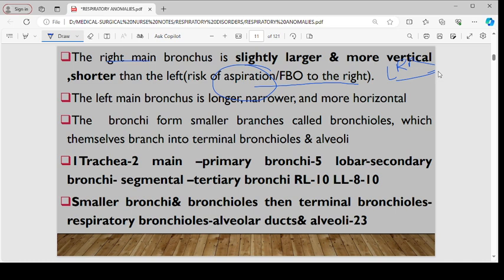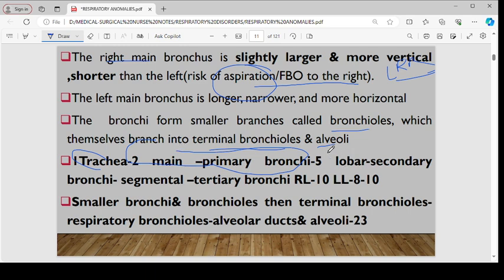So the bronchi form small branches referred to as the bronchioles, which then branch into terminal bronchioles and alveoli. Remember, we have one trachea dividing into two primary bronchi, left and right.